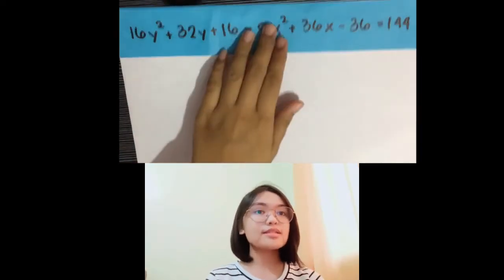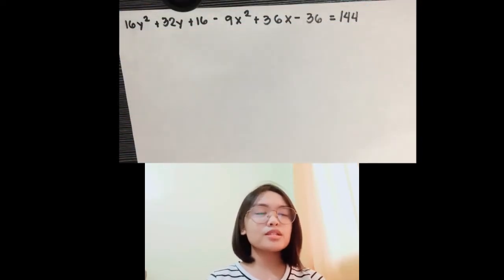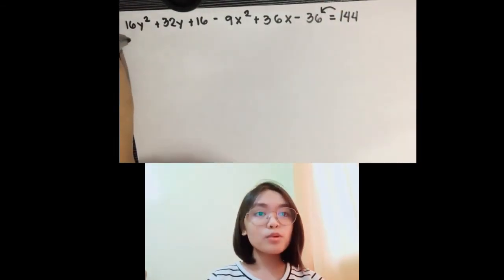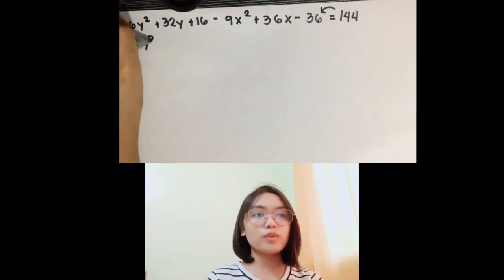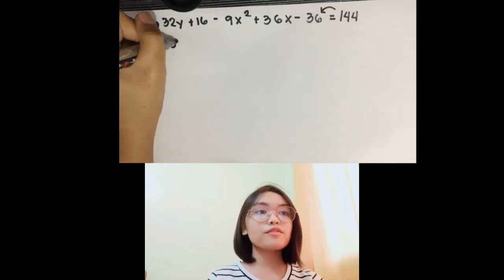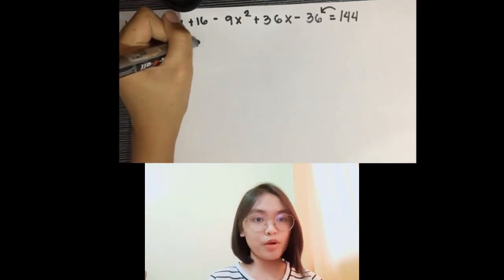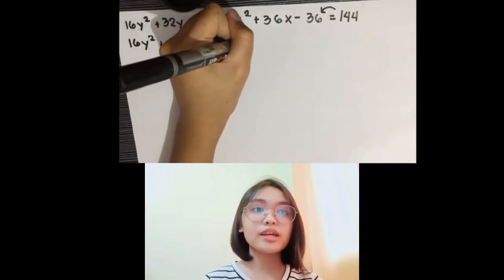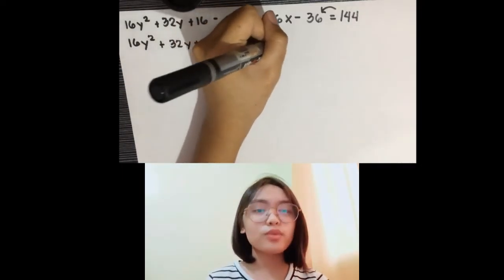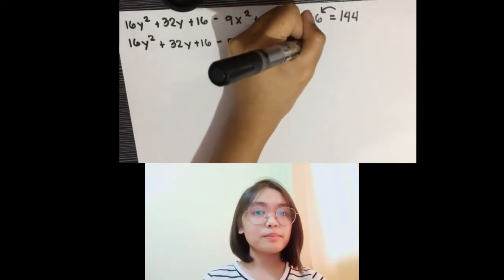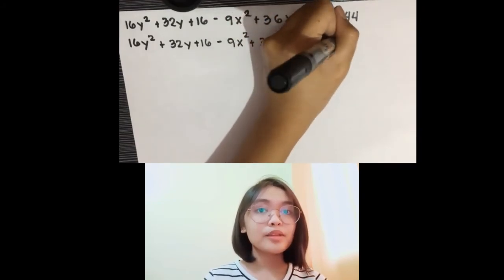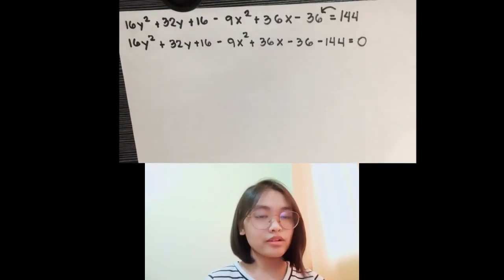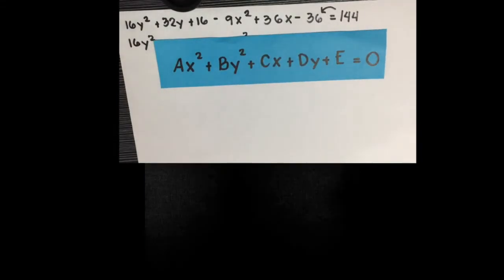With all that process, we are now ready to continue changing the standard equation to its general form. Transpose all the terms to the left side of the equation and follow the general form of the hyperbola. Arrange all the terms with their corresponding exponents and degrees to have 16y squared minus 9x squared plus 32y plus 36x plus 16 minus 36 minus 144.